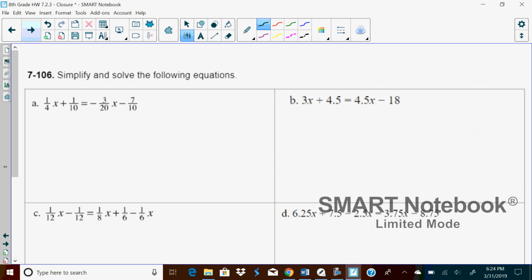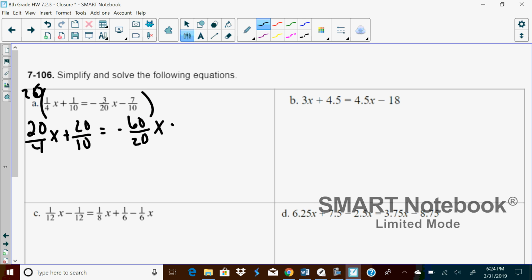Problem 106, solve the following equations. So for this one, I multiplied everything by 20. So I got 20 over 4x plus 20 over 10 equals negative 60 over 20 x minus 140 over 10. So I got 5x plus 2 equals negative 3x minus 14.